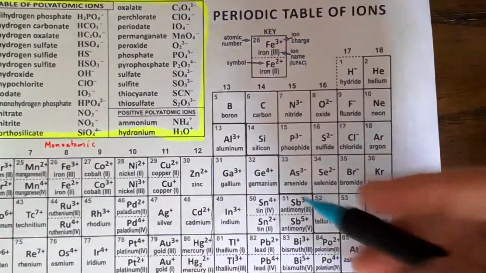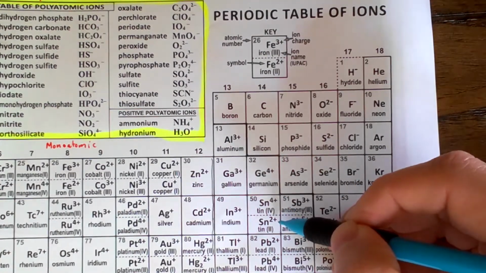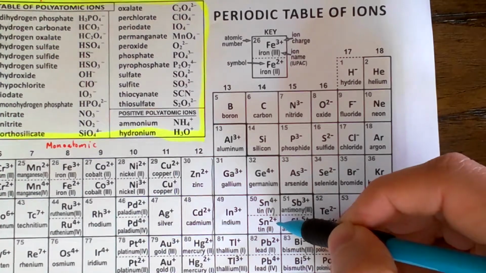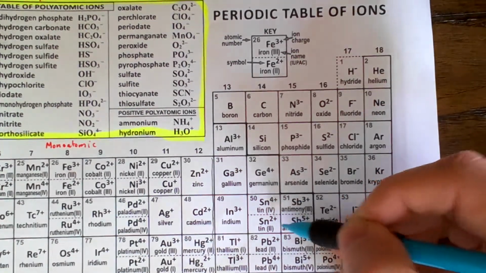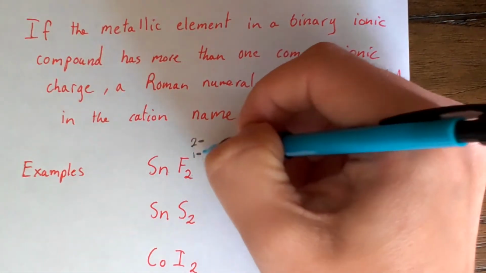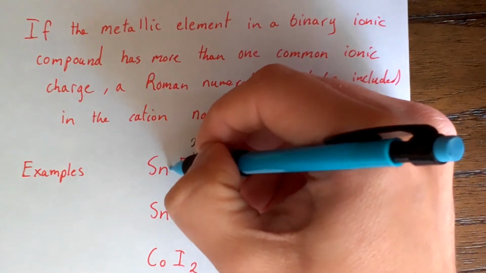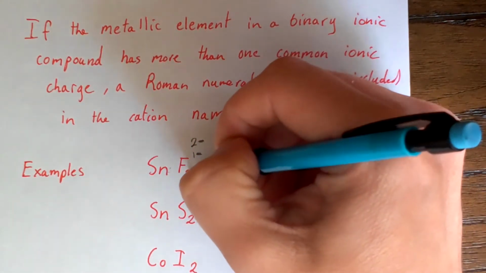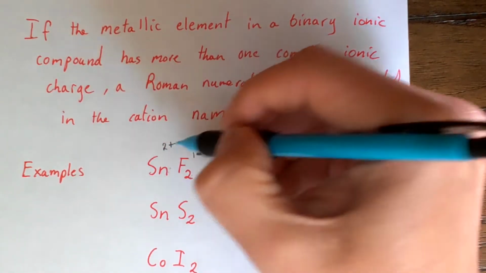Sn, if we look over here, can have a 4+ charge or 2+ charge. Which tin are we going to use? Since we have 2 fluorides and every fluoride has a 1 negative charge, we need 1 tin for every 2 fluorides. So this tin has to have a 2+ charge.